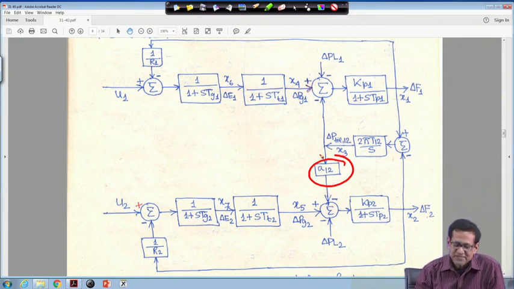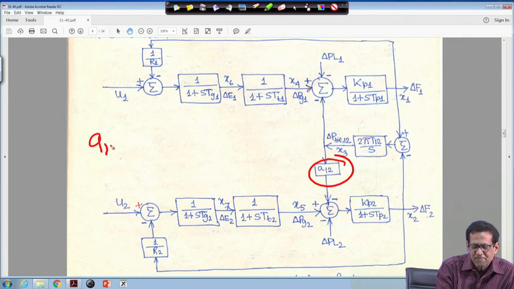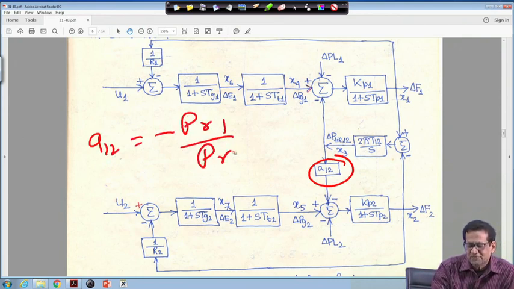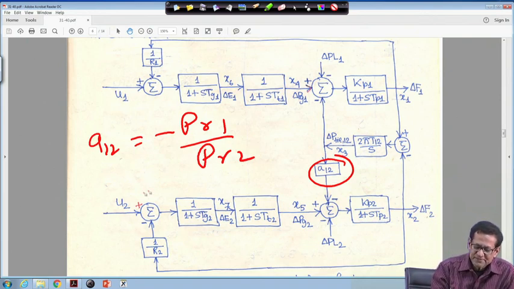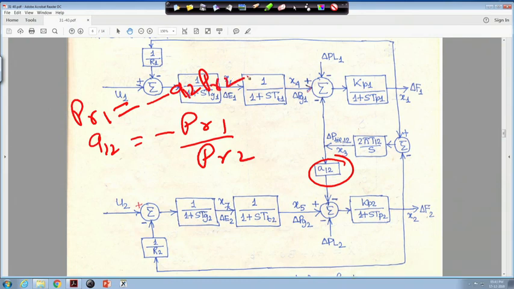We know that A12 is equal to minus PR1 upon PR2, we write this way. That means PR1 is equal to minus A12 into PR2.